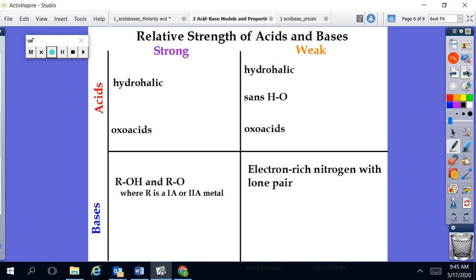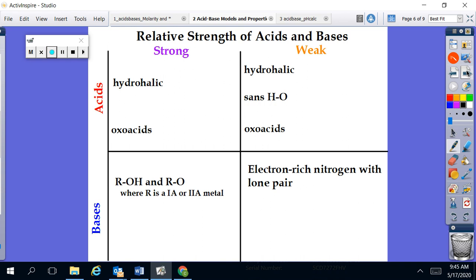Okay, so let's briefly talk about strength of acids and bases. You don't have to know too much about this, but there are several ways to memorize the strengths of acids and bases.